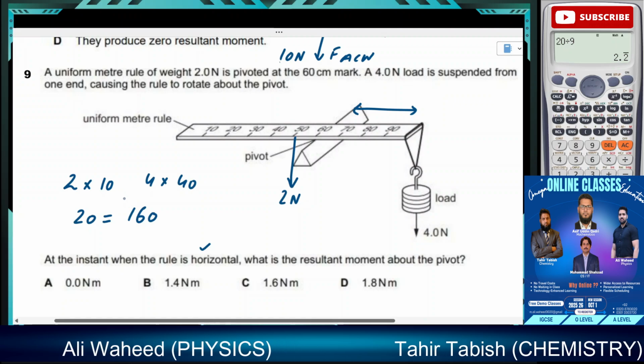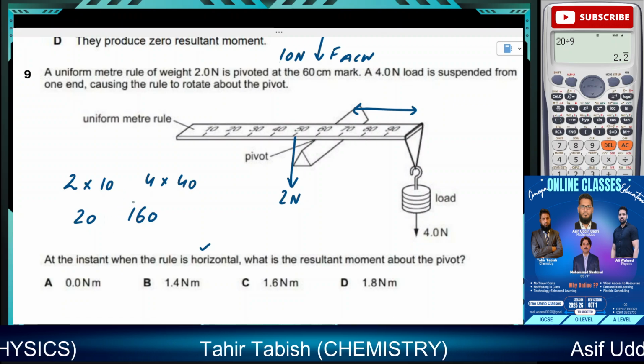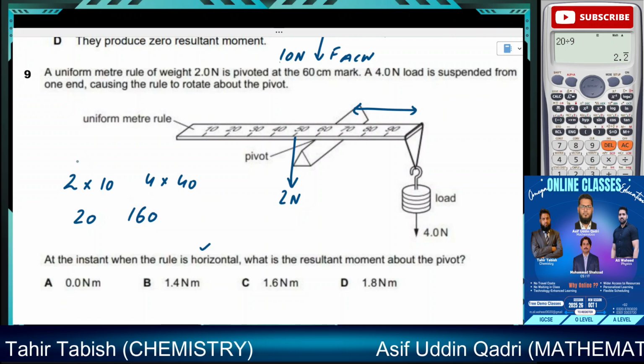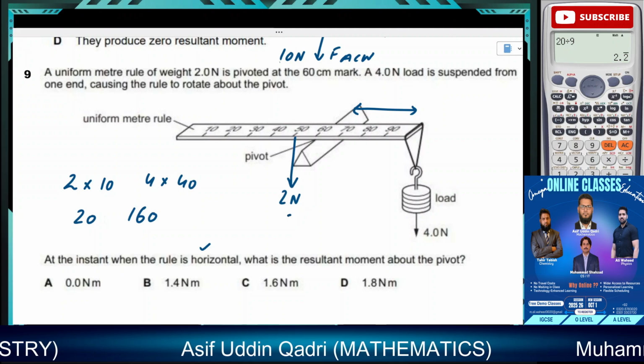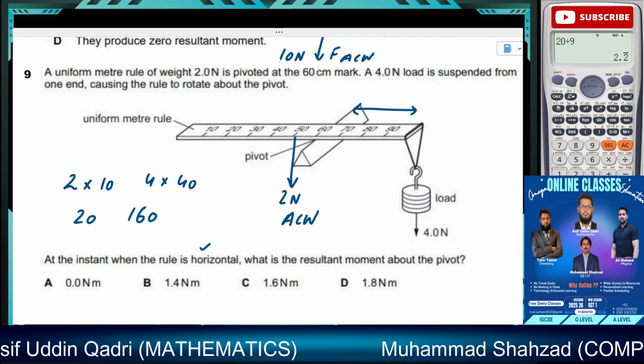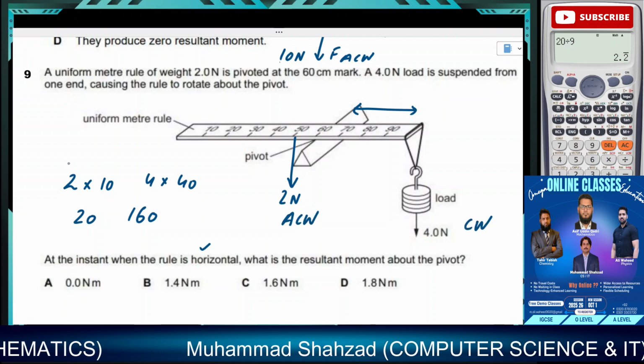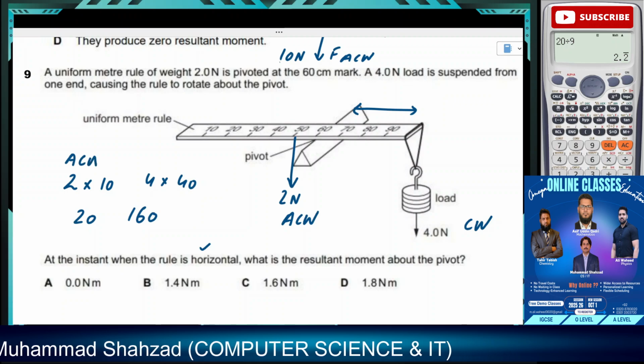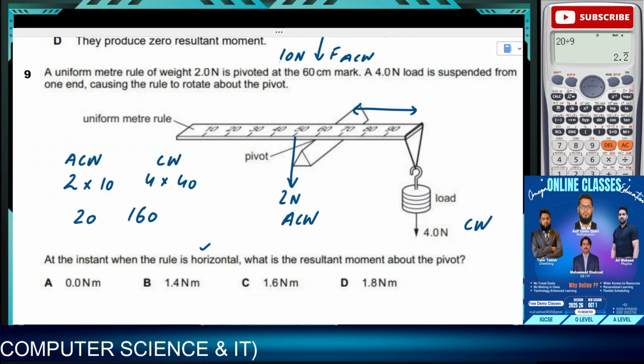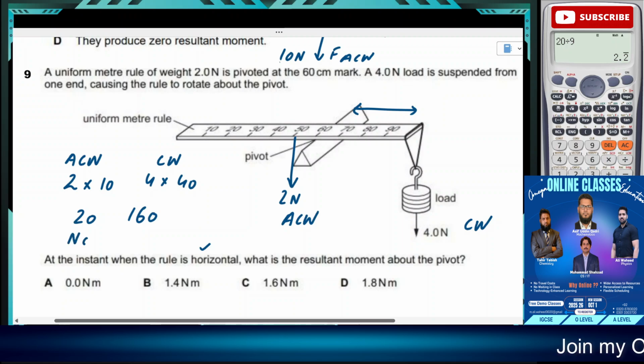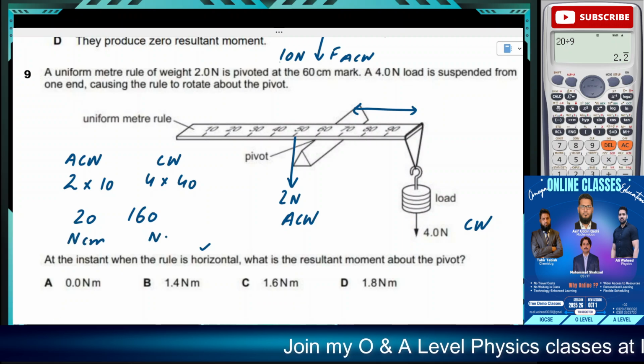And these two are not equal because we do have a resultant moment. So this one was anti-clockwise, and this one was clockwise. So anti-clockwise is this much, clockwise is this much. How much is anti-clockwise? 20 Newton centimeter. How much is clockwise? 160 Newton centimeter.